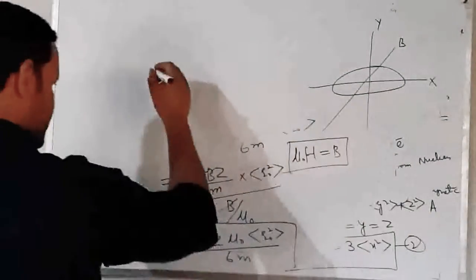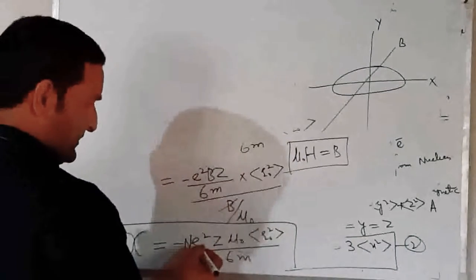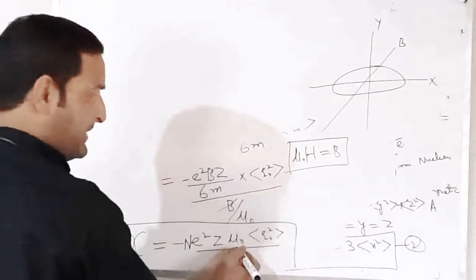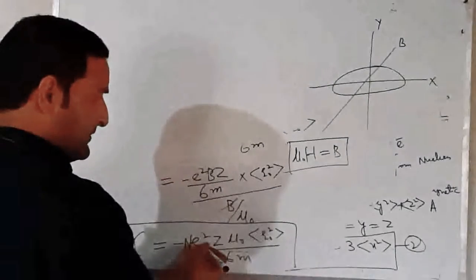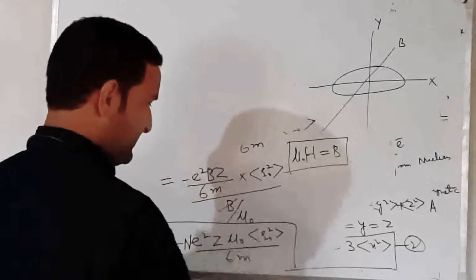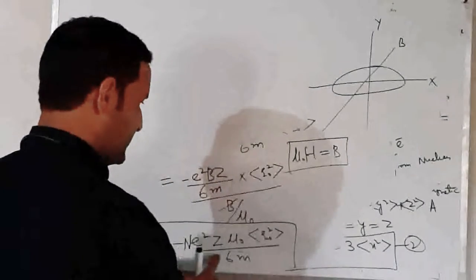e is the charge of the electron, its value is known. Mu naught is known, 4 pi into 10 to the power of minus 7. The electronic charge is 1.6 into 10 to the power of minus 19 coulomb. m is the mass of the electron. So all these parameters are known.